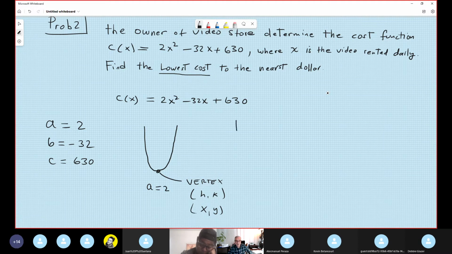Again, I copy my famous formula, H is equal to minus B over 2A. Minus B becomes negative 32. Be careful with the signs. 2 times A gives 2. So we have double negative. H is 8. Negative or positive?